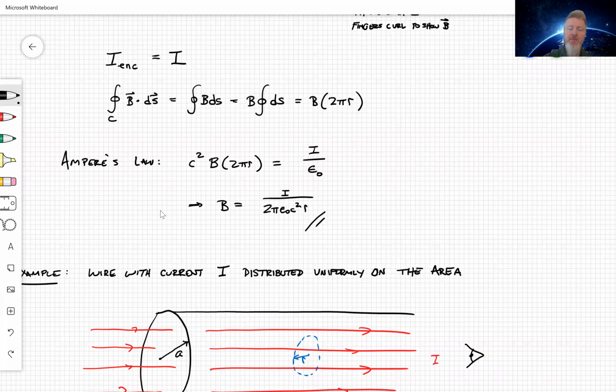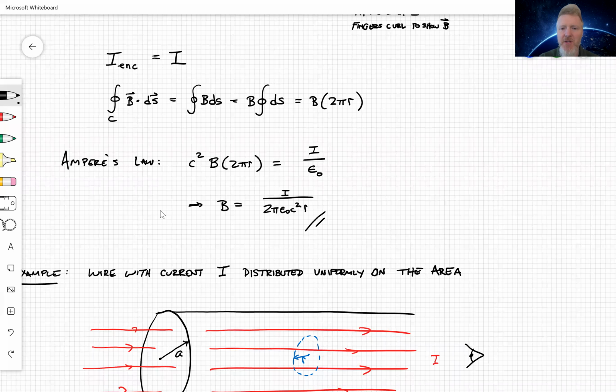This is it. This doesn't look anything like it. But look what happened though. I had a J in the other expression. I've got an I in this expression. All right, so what do we want to do? Do we want to do it in terms of J or in terms of I?